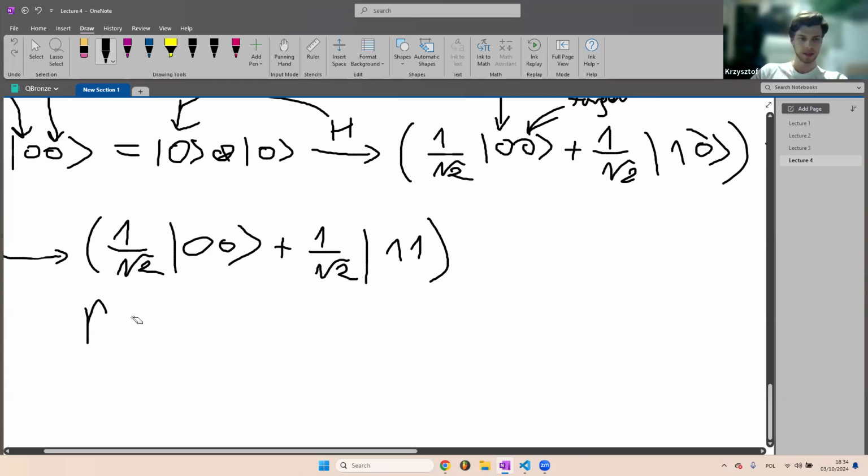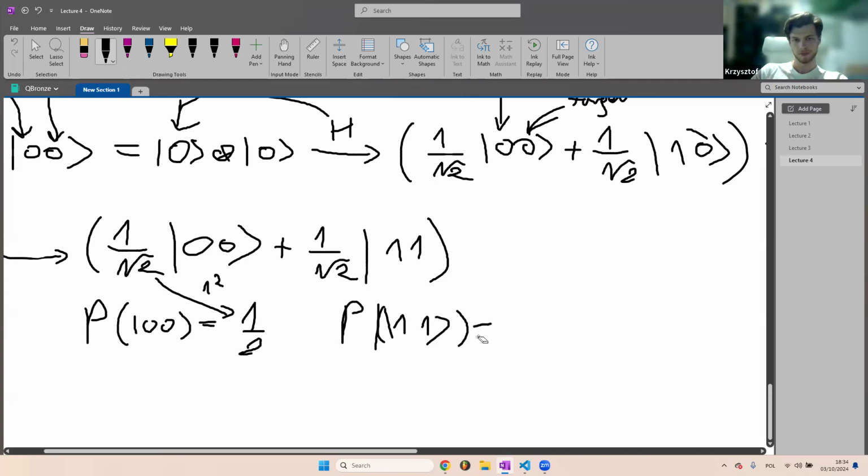So the probability of obtaining state 0, 0 is 1 over 2, which is this value squared. And again, the probability of obtaining both qubits in state 1 is also 1 over 2.